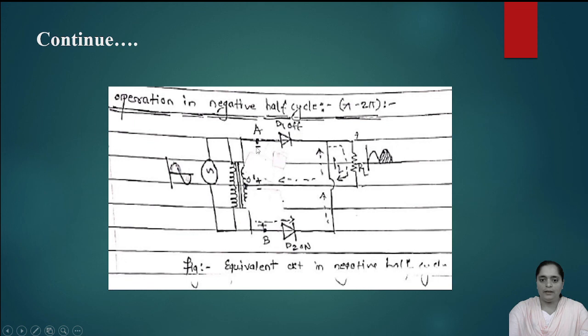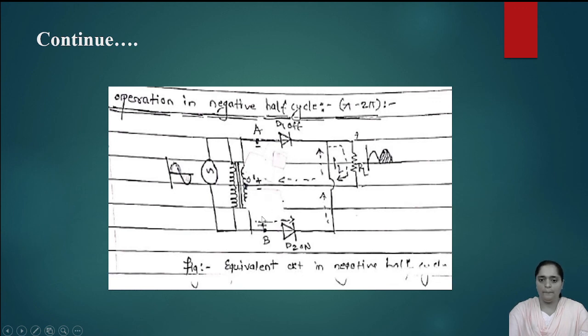So A is negative with respect to B, or also we can say that B is positive with respect to A. So we will check which diode comes into the conduction and which diode doesn't come in conduction, or which diode is in off state. So here a negative point is connected to anode. So we will easily say that diode D1 is in off state.